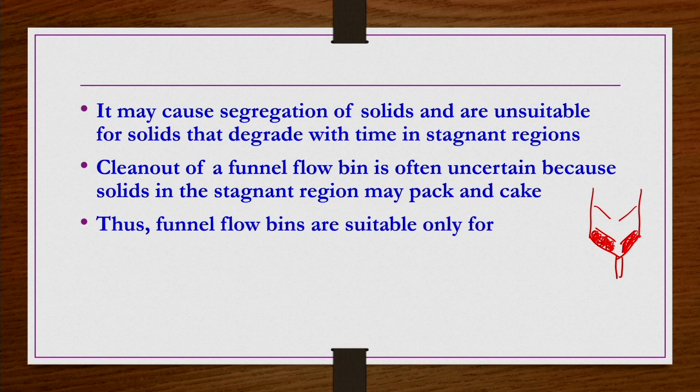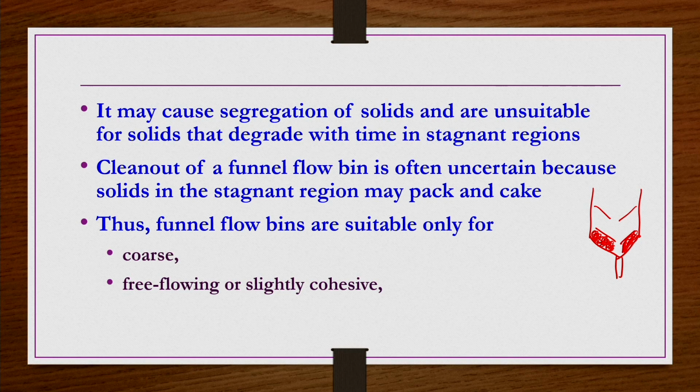So, funnel flow bins are suitable only for coarse, free flowing or slightly cohesive material, not strongly cohesive. You cannot ensure completely free flowing material in general. Most materials may be free flowing, but they still have some amount of cohesive nature.